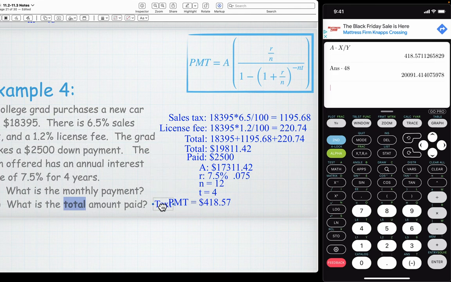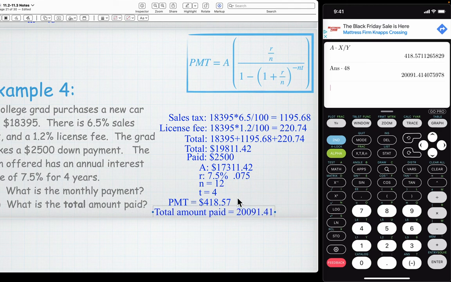So the total amount paid is $20,091.41. You'll notice that's more than what the total loan was. And that's always going to be the case. If you take out a loan and pay interest on it, you're going to end up paying more than the actual loan was. So it doesn't surprise me that that's more.